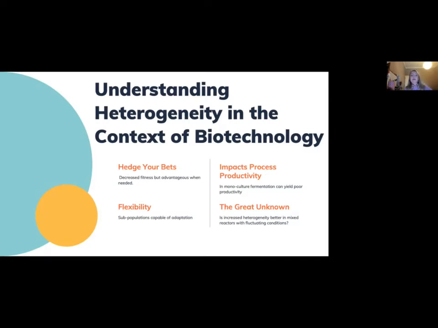But in, say, the context of anaerobic digestion, of course, a higher proportion of viable cells will give the best productivity, but a heterogeneous subpopulation within particular active strains may be advantageous in fluctuating conditions. And this is something that we still don't really know in the context of many biotechnological processes, but definitely in the context of anaerobic digestion.